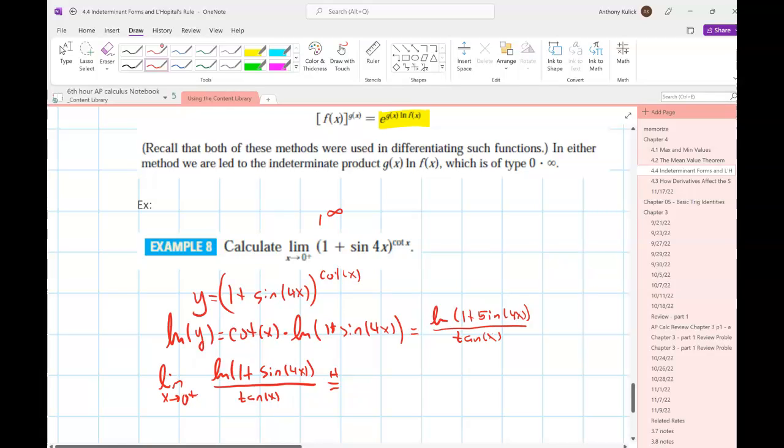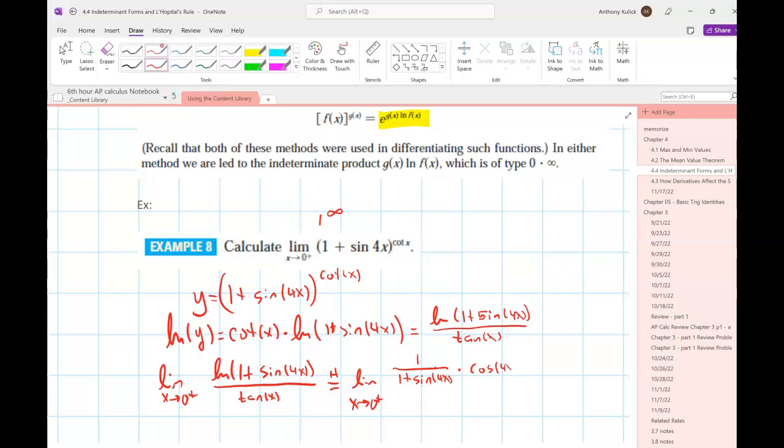So when I do the derivative of the natural log of 1 plus sine 4x, what do I get there? 1 over 1 plus sine 4x times, it's a chain rule, guys.